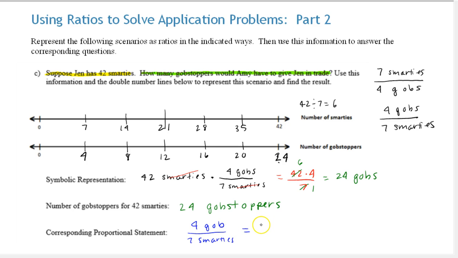So that's equal to 24 Gobstoppers over 42 Smarties. And notice here the multiplicative factor from this fraction to this one is 6. So 4 times 6 is 24, 7 times 6 is 42. Without the units, our proportion is 4/7 equals 24 over 42.